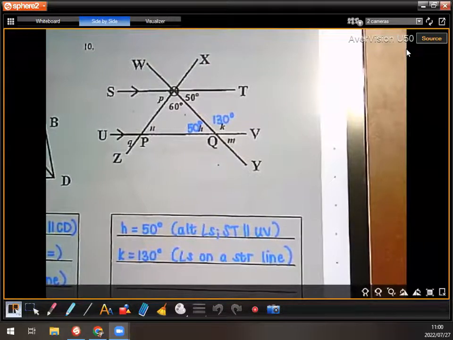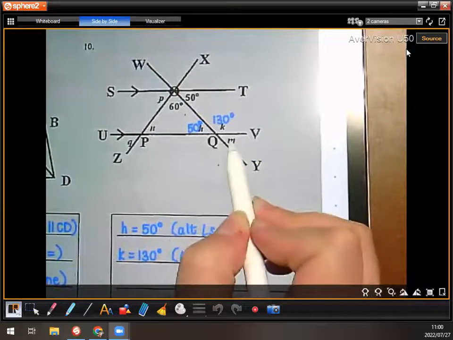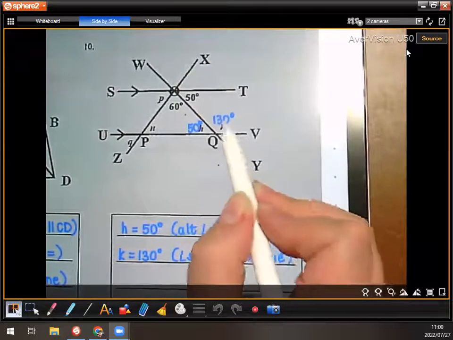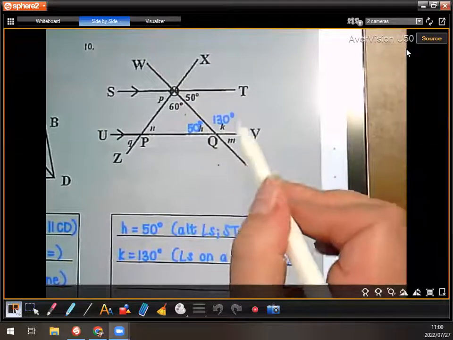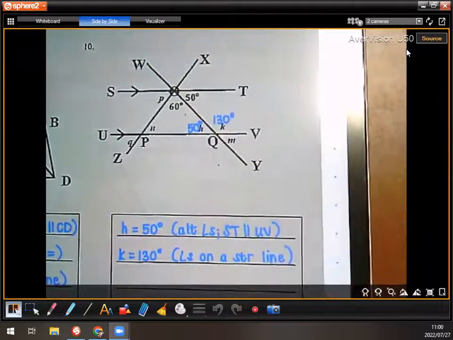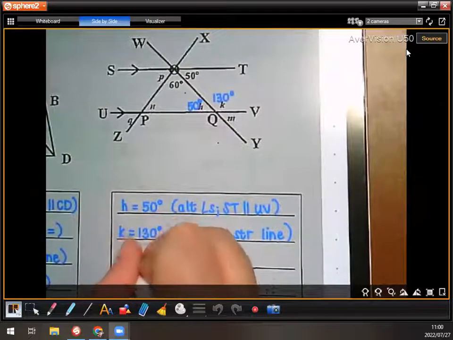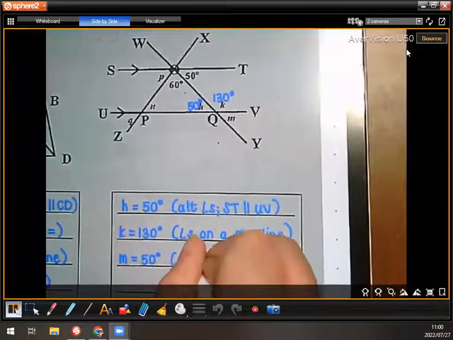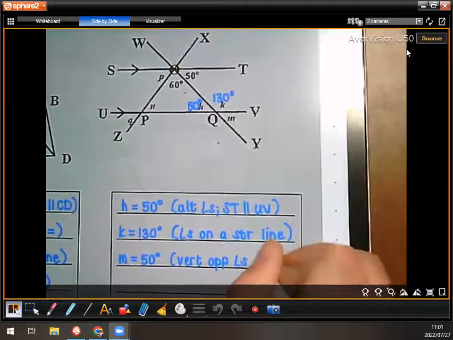Okay, next, if we're going in alphabetical order, is M, which is there. And we find it with vertically opposite angles, or angles on a straight line, or even, guys, corresponding angles. See that F there. Alright, so there were 3 reasons that we could use for M. So M is equal to 50 degrees.